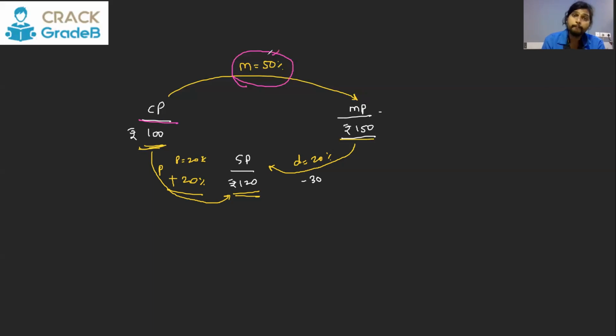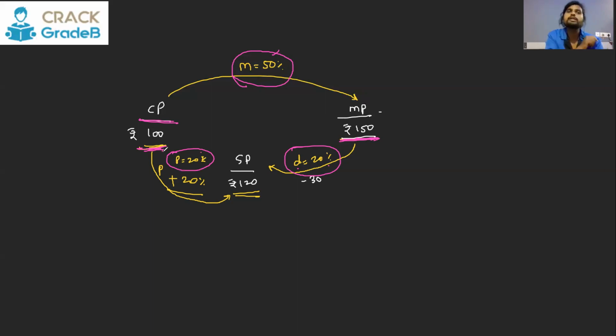So the base for markup percent is going to be cost price. But the discount that you give is on mark price. You reduce this with 20%. So the base for discount percent is mark price. And the base for profit percent, as we know already, is again cost price. Because the profit percent is calculated on cost price.